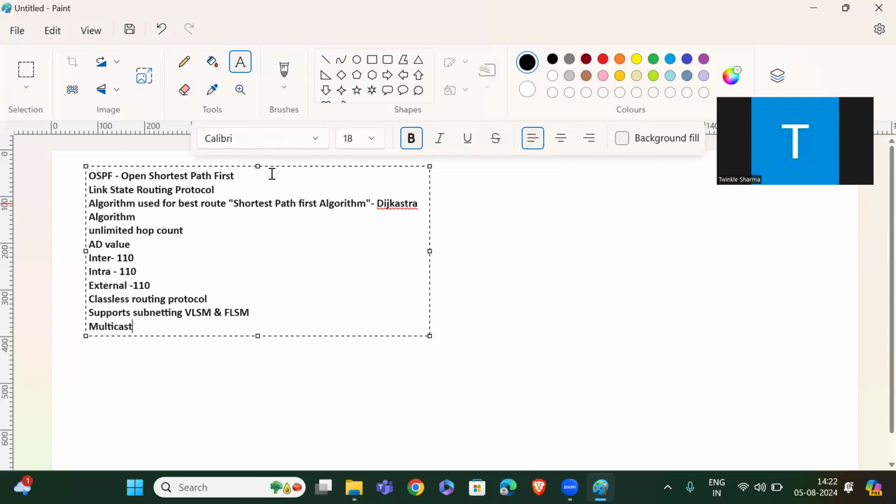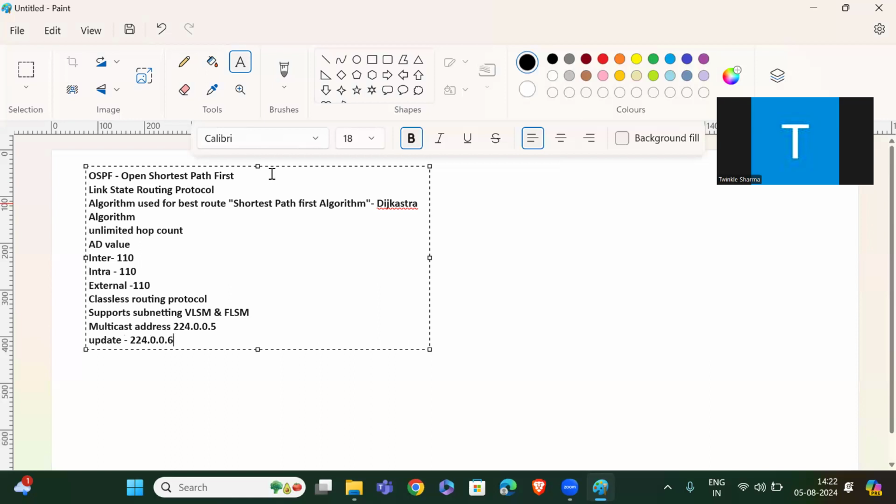Its multicast address is 224.0.0.5, or we can say hello message address. It also has an update message address, which is 224.0.0.6.